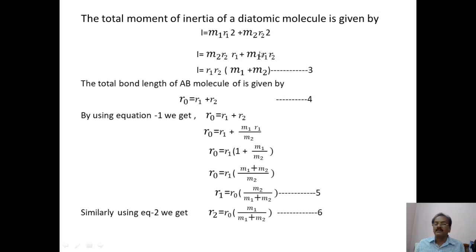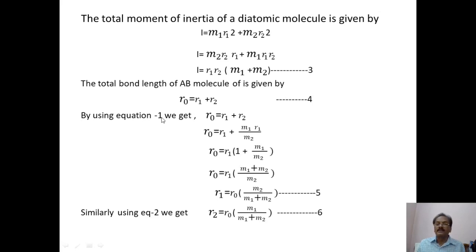Now from this modified equation, substituting M1 R1 as M2 R2 and M2 R2 as M1 R1, I is equal to R1 into R2, taking M1 plus M2 in common, called equation 3. The total bond length of the AB molecule is given by R0 is equal to R1 plus R2, we can call this equation 4.